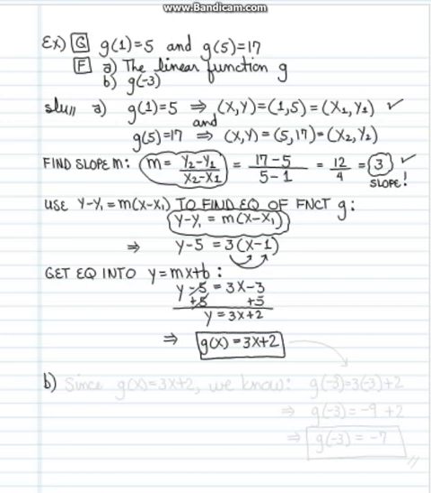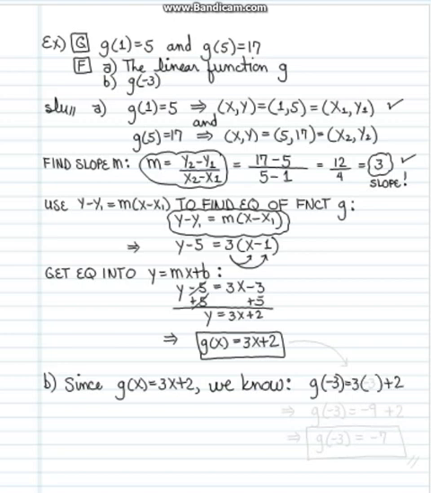Now part B, they ask us to find g of negative 3. So we start by saying, since g of x has been found to be equal to 3x plus 2, we know that g of negative 3 is equal to 3 times (negative 3) plus 2.